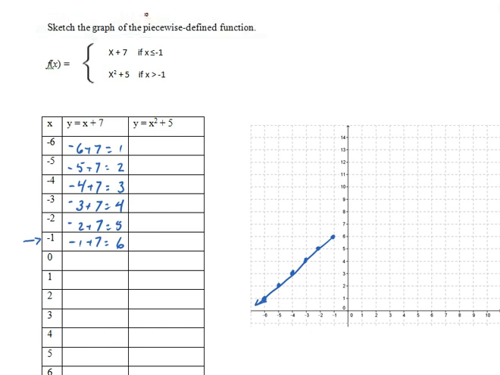Now we can continue and plot the values for 0 through 6 and even all the way up to 10. But first of all, I'm also going to determine the value that we would get for negative 1 using the second definition.